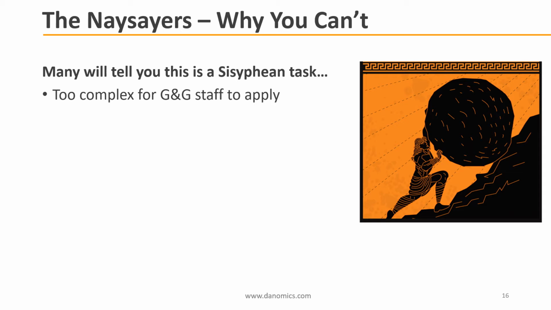The argument that I hear a lot of people make is simply that performing mineral inversion is too complicated for G&G staff to do. I believe, first of all, that most geoscientists can understand mineral inversion. They may not be able to perform this calculation on paper.